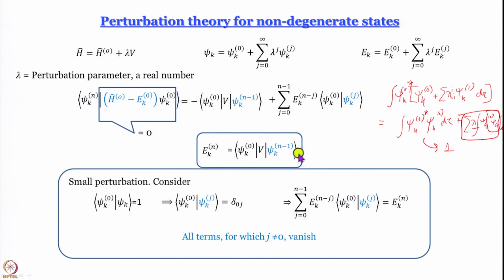Just put n equal to 1, what will you get? This becomes psi k 0th. Was not that the expression for the first order correction to energy, integral psi k 0th star V psi k 0th? Yeah. So this here gives us the expression very nicely for the correction to energy because of nth order perturbation.